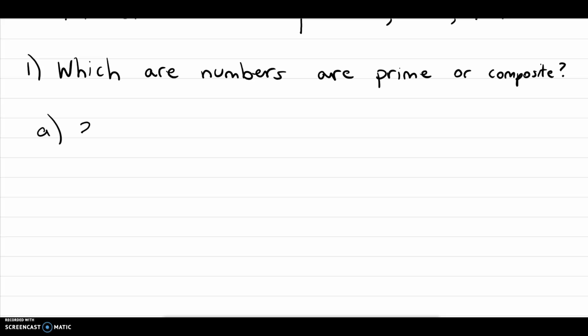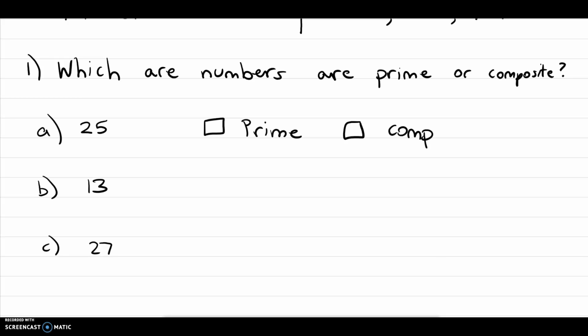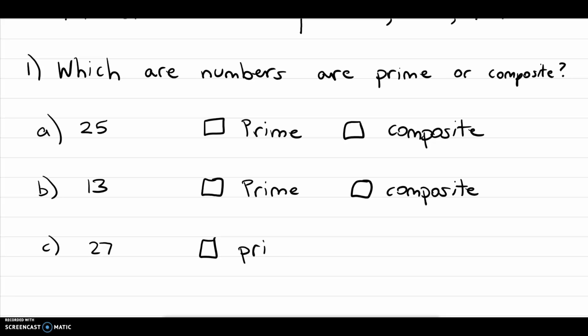Let's say I gave you the number 25, 13, 27. So we want to do, is it prime? We'll put a check mark next to prime. Or is it composite? So again, is this one prime or composite? Prime or composite?